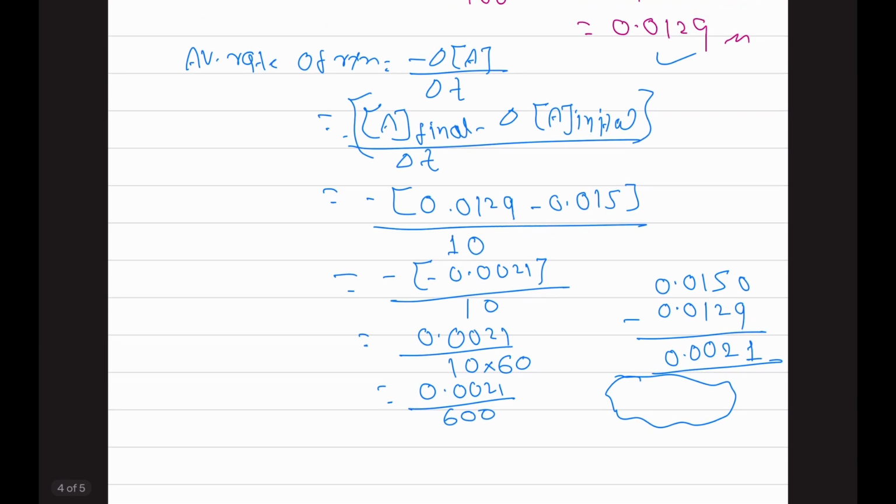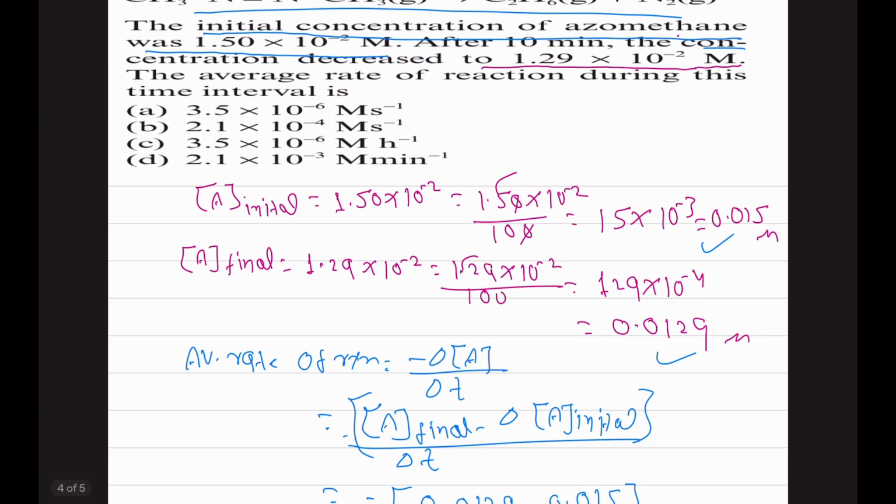If we calculate it, we will get 3.5 into 10 to the power minus 6 molar per second. Okay, so this is the final answer. This is a very simple question. Thank you so much. You can see the answer. This option is correct. Thank you so much.